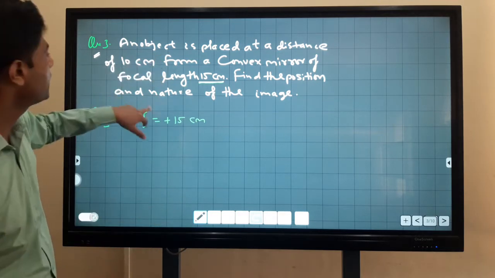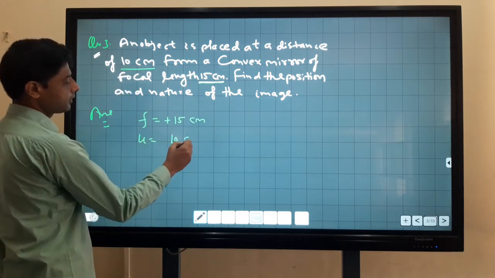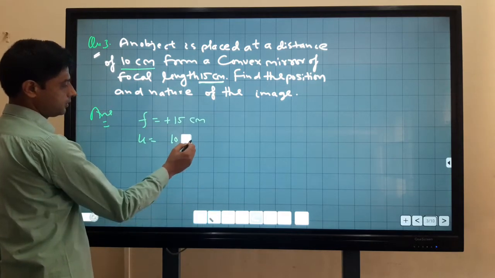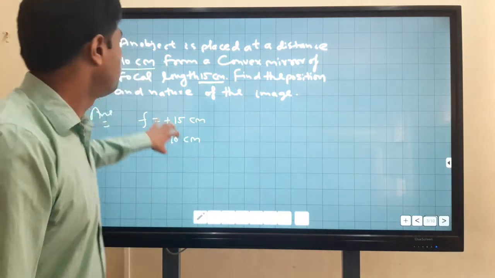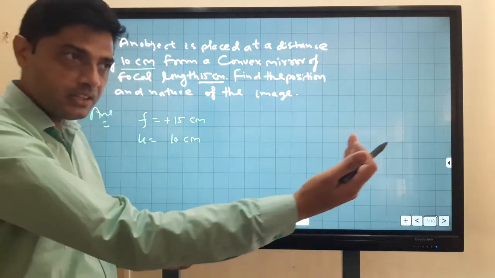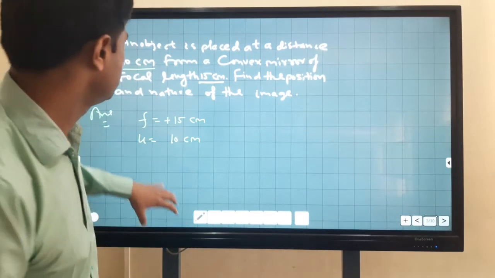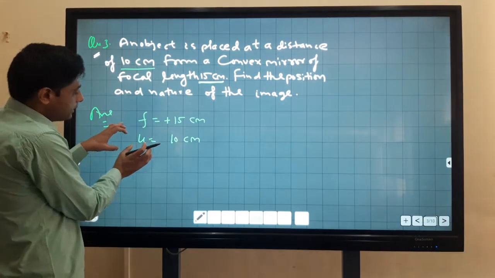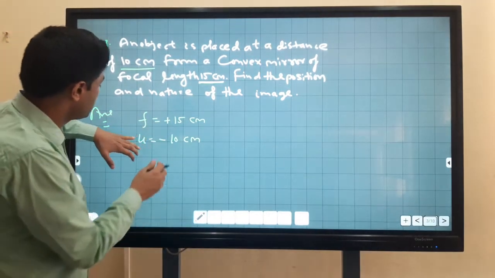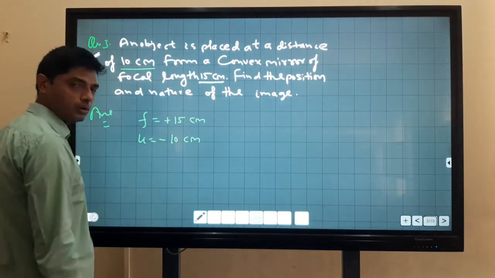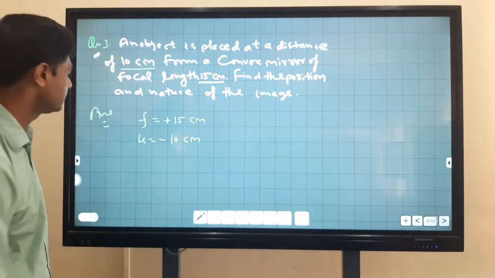And the position of the object is 10 centimeter. As you know, the position of the object is always in front of the mirror. It means according to convention, the distance of the object is taken as negative. Okay. U equals minus 10 centimeter.